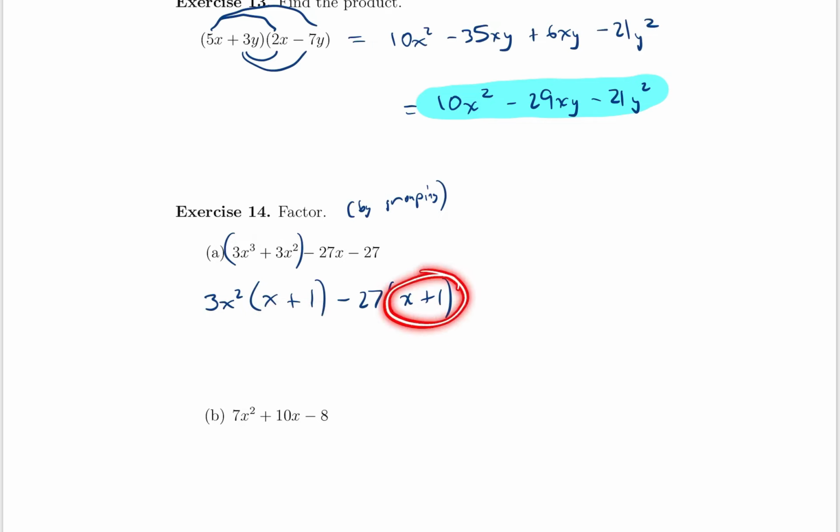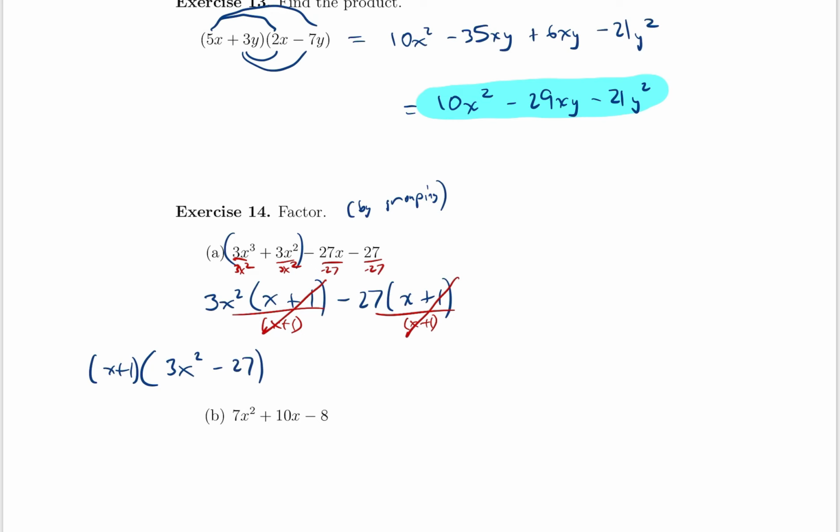So now we can factor this out of this. This now becomes the new GCF, which can be factored out. If we factor that out, what we're really doing is dividing it out. I'm not showing all my divisions, but you can show your divisions here if you want to. That now leaves us with 3x squared minus 27 after we've factored out the x plus 1.